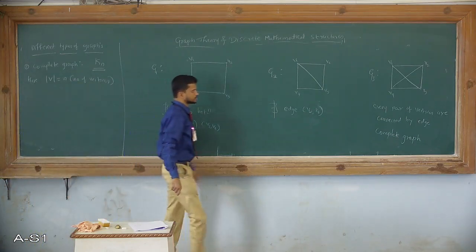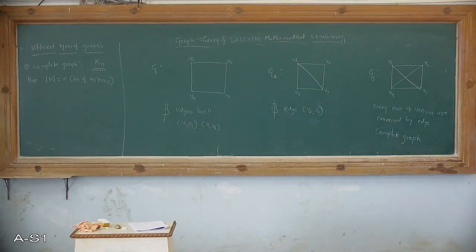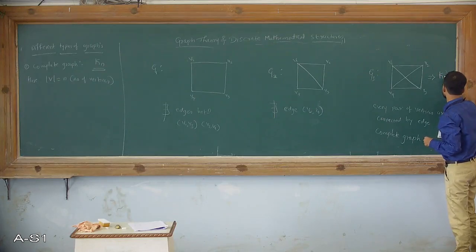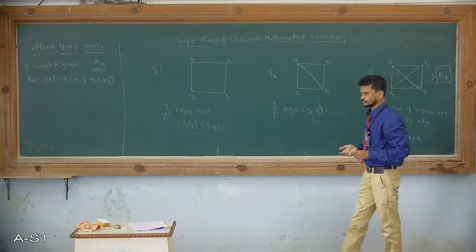In this graph G3, it is a complete graph because every pair of vertices is connected by an edge. Therefore, it is represented as K4. We can observe some properties of a complete graph.